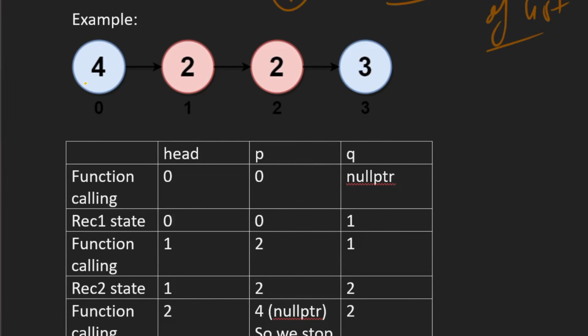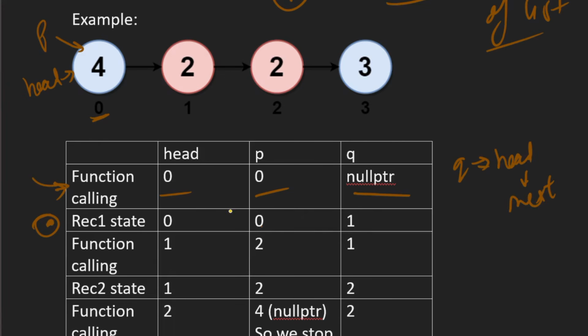Initially when we call the function, P and head are both pointing at 0, and Q is equal to the null pointer. So this is when we call the recursive function. Then in recursion state 1, head is equal to 0, P is equal to 0, like I am writing the index, and Q is equal to head arrow next.